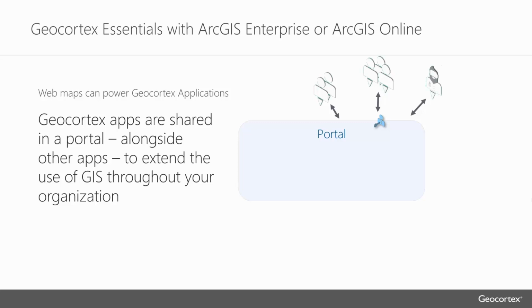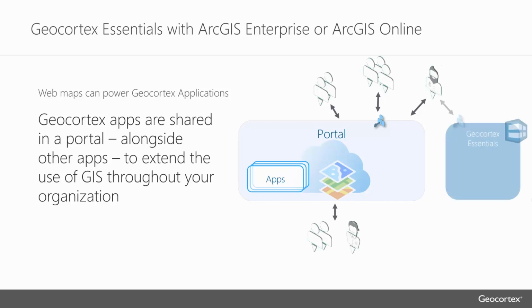Now this could be ArcGIS Online or an ArcGIS Enterprise portal, and they're using their ArcGIS identity to do so, and then they can create web maps inside of this organization. Those web maps can be shared and used within apps like Operations Dashboard, Collector, or Web App Builder-based applications, so that other users can use those apps that consume the web maps.